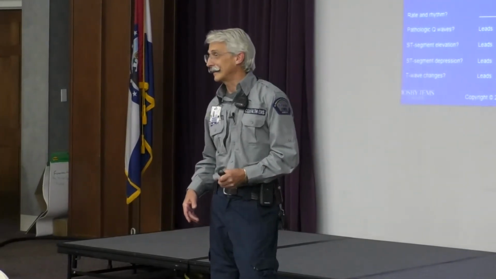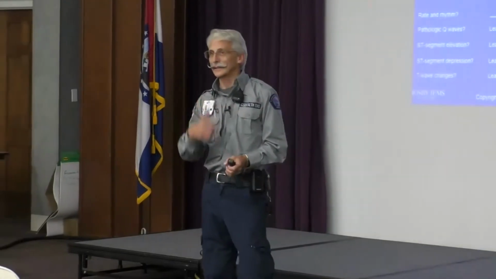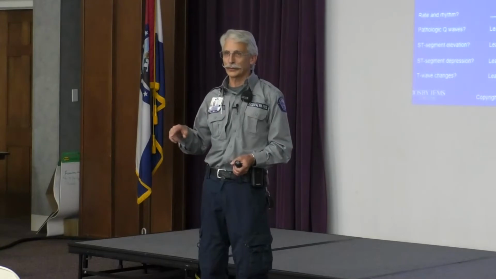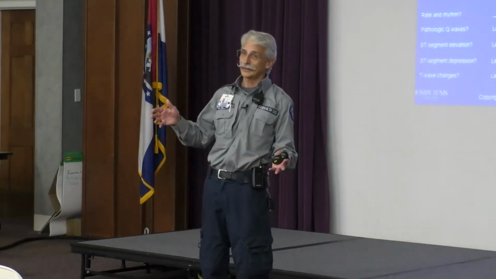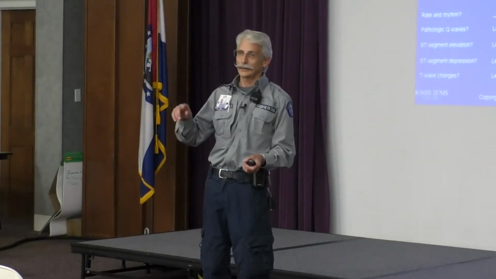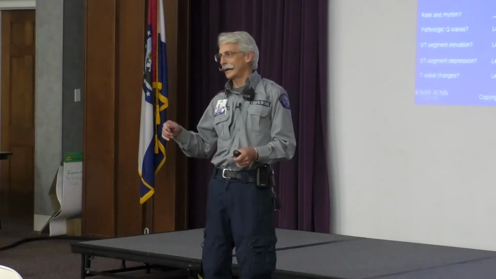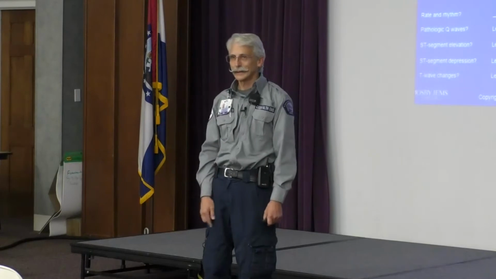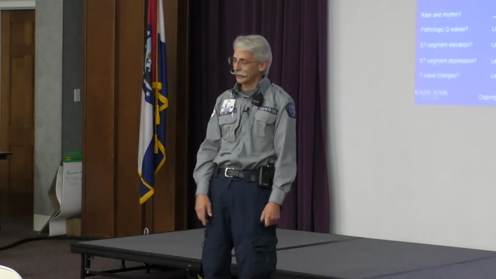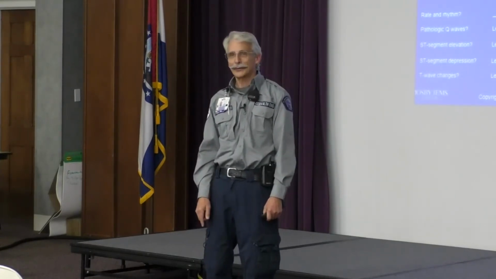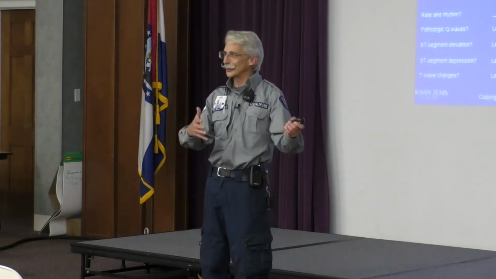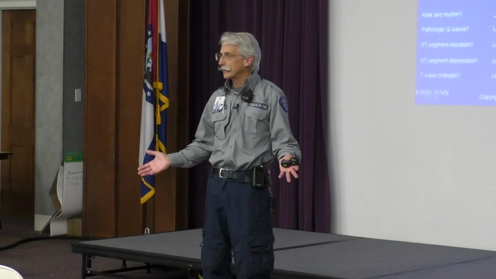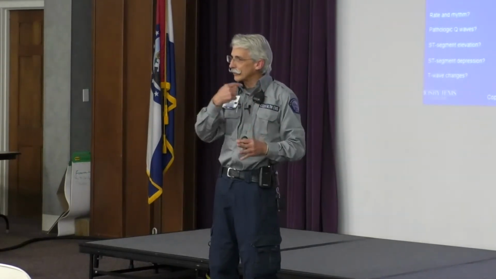Yeah, you can. You can look at the first 6 leads, but it really takes more than a double punch. You're going to put in the age, then male or female, and then it says you're not all hooked up. I say, I know, do it anyway. And it says, no, really, you're not hooked up. And you say, do it anyway. After about that many pushes, it'll actually do a 12 lead. It won't give you any measurements, but you will see a diagnostic of the first 6 leads.